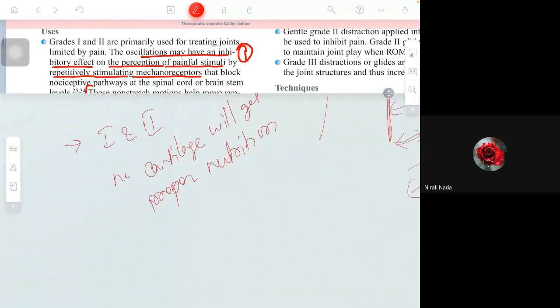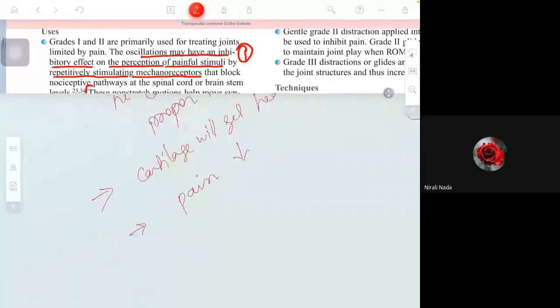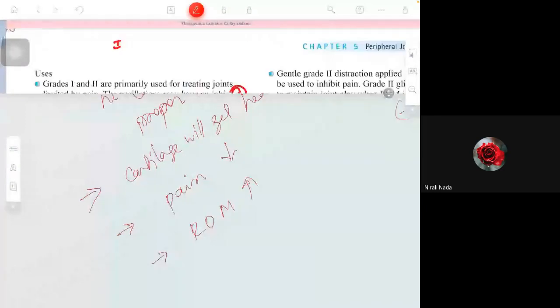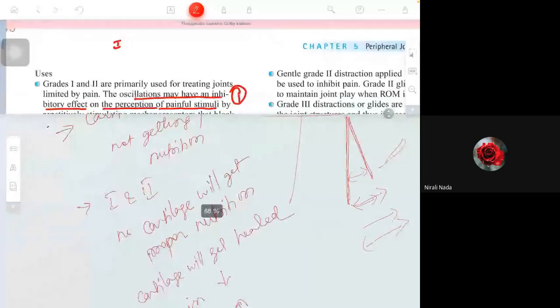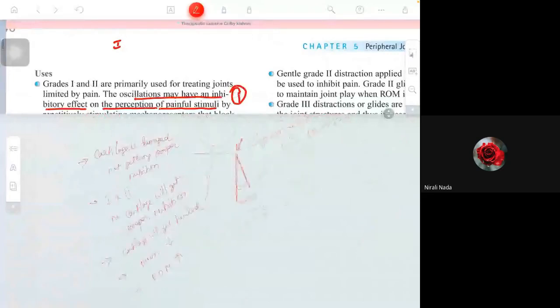When cartilage is receiving proper nutrition, then cartilage will get healed. Clear? When cartilage is healed, pain will reduce. When pain is reduced, range of motion is increased. So these are the phases, how the grade 1 and 2 mobilization reduces the pain.